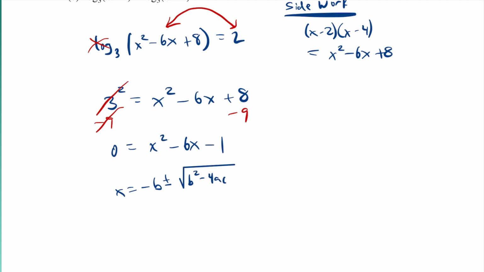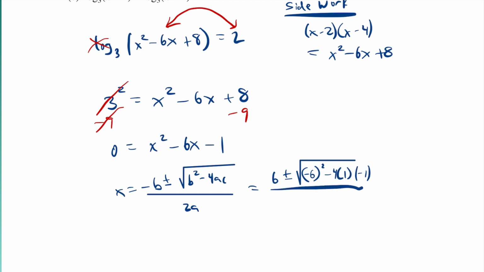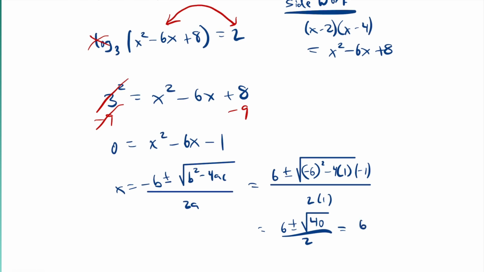So if you substitute all values, you should get 6 plus or minus the square root of negative 6 squared minus 4ac all over 2a. And I'm getting 6 plus or minus, I think I'm getting 36 plus 4, which is 40 over 2. The square root of 40 is, let's see, that's going to be 2 radical 10 if you simplify that.